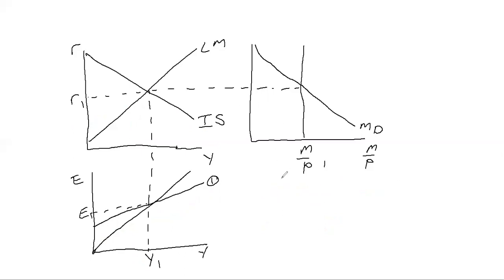what happens if there's an exogenous decrease in prices? So remember, if we see an exogenous decrease in prices, then we're going to be looking at the money market. So if prices decrease, we know that there's going to be an increase in the money supply.